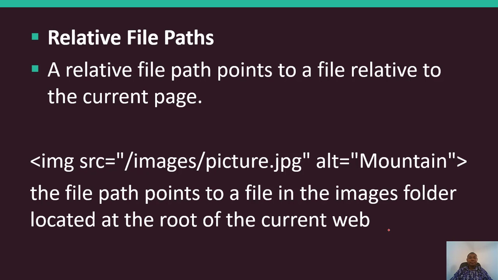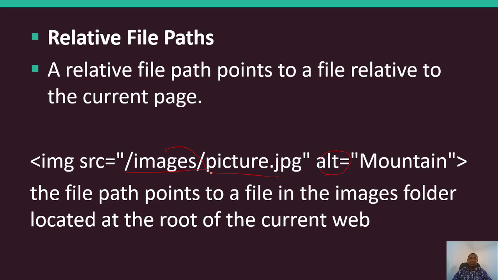We also have the relative file path. The relative file path points to a file relative to the current page. Within the current page, you can link this one to the images folder. Then we have our picture, JPEG. Another attribute that we have in the image, which we are going to learn more about, is the alt. It's equal to mountain, or alternative name.